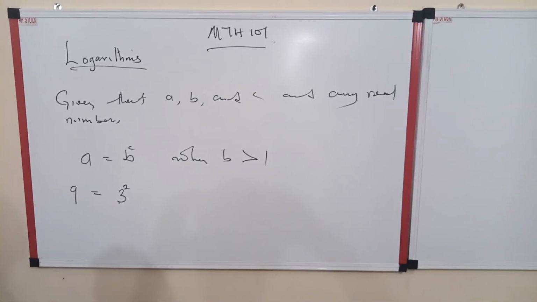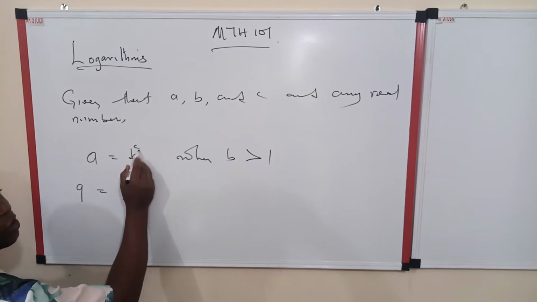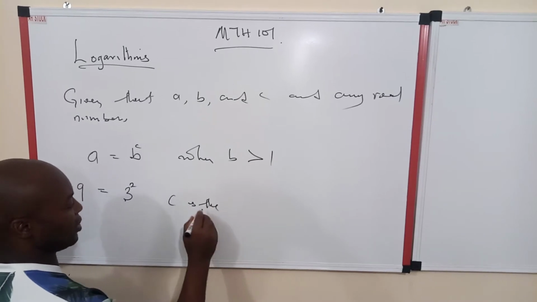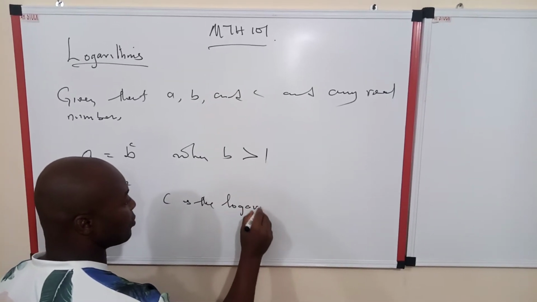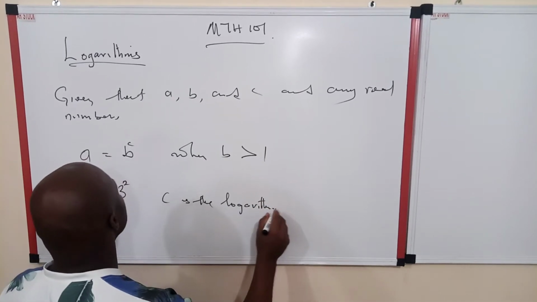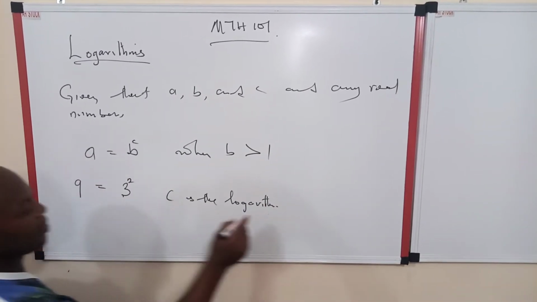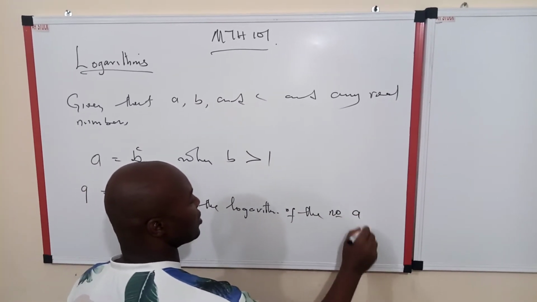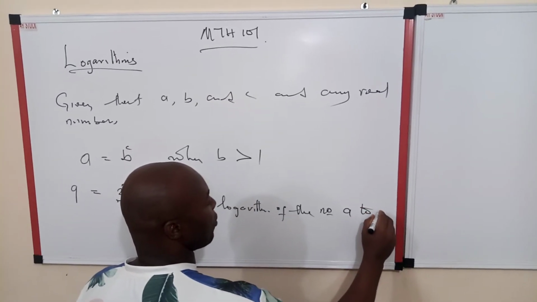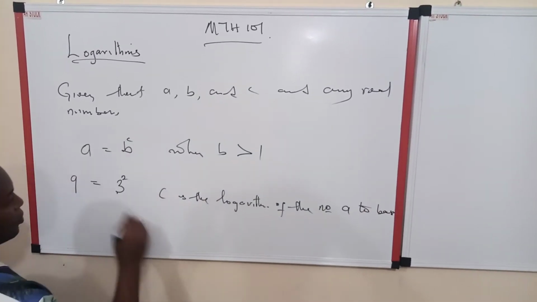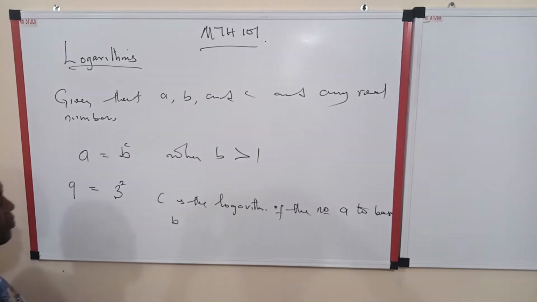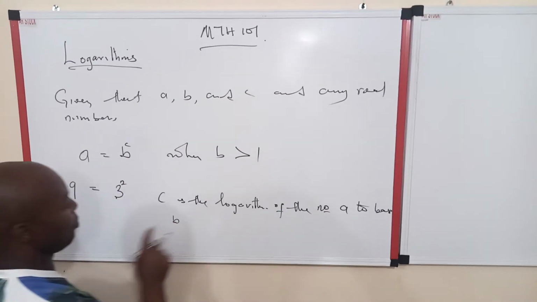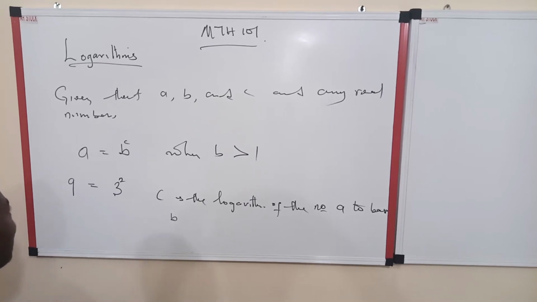If we want to do that, we say this power here, which is C, is the logarithm of the number A to base B. C is the logarithm of the number A in base B. How do we mean by that?